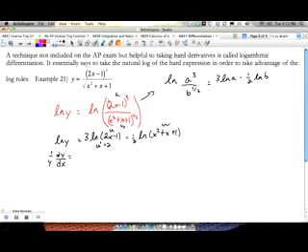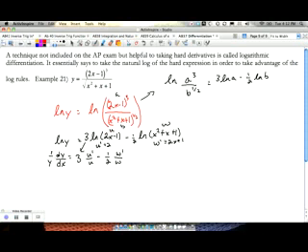Similarly, if this is w, then w prime equals 2x plus 1. So here we have 3, because the constant multiple rule lets us just drop that down, times u prime over u, minus 1/2 times w prime over w.